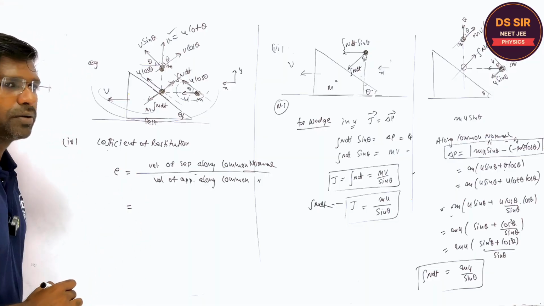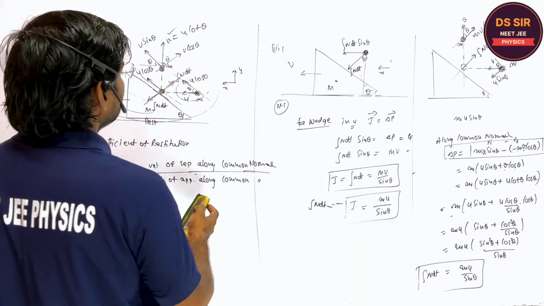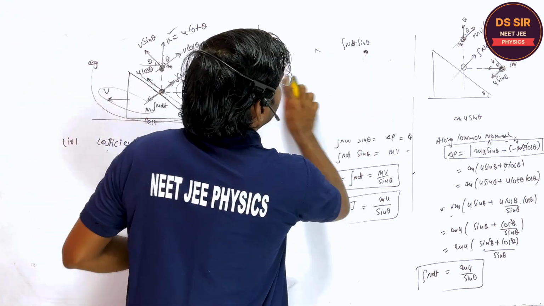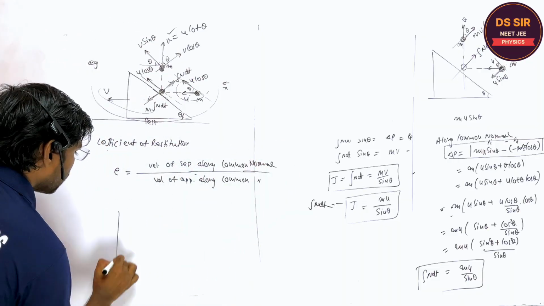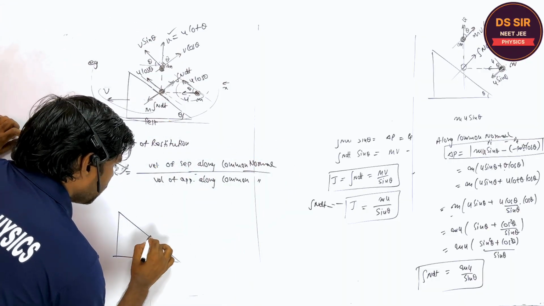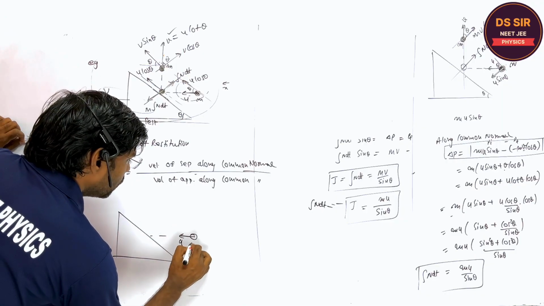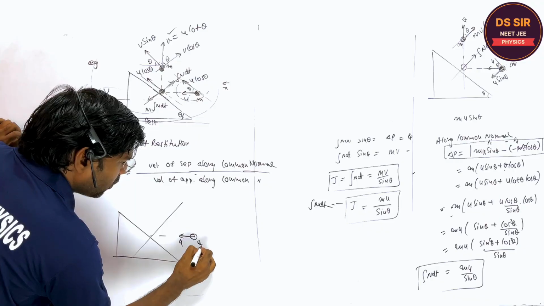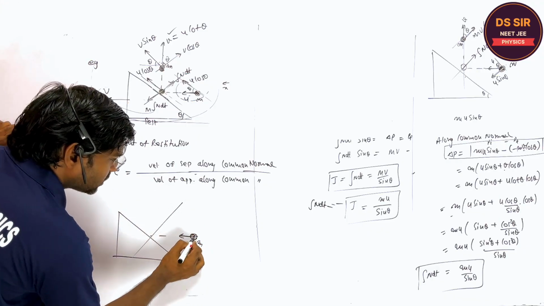Are you getting or not? Can you tell me what is the velocity of approach along the common normal? Listen one thing. If I make the figure over here, before collision, this is the speed u, right? So along the common normal, by what velocity is the ball reaching in this direction?